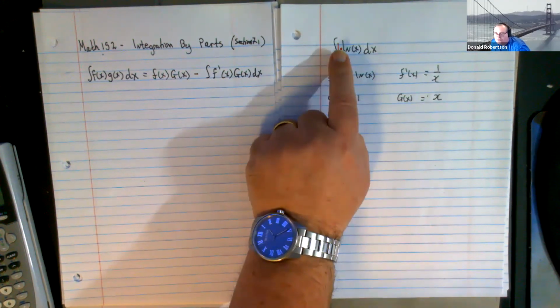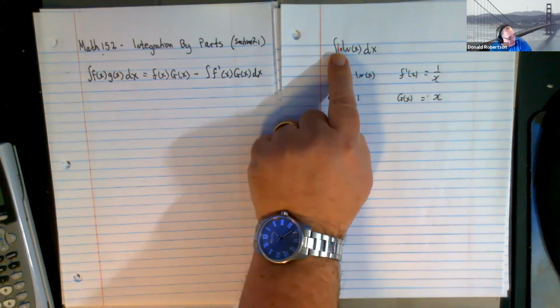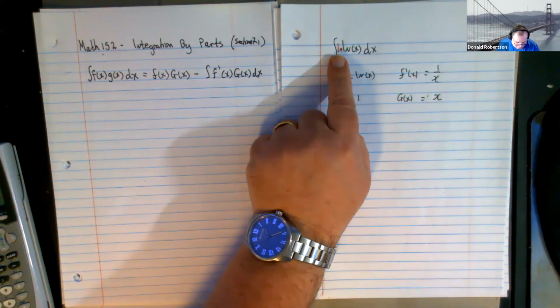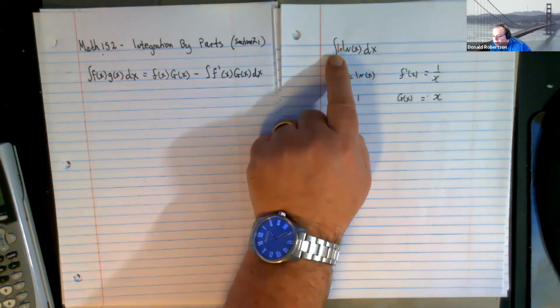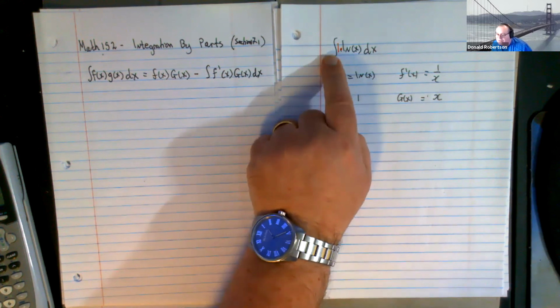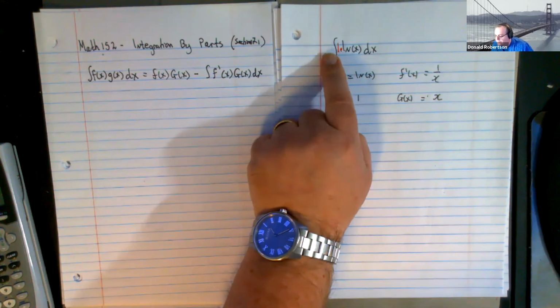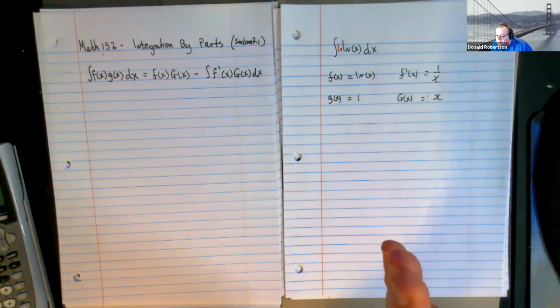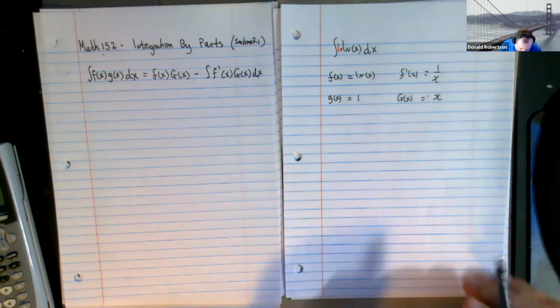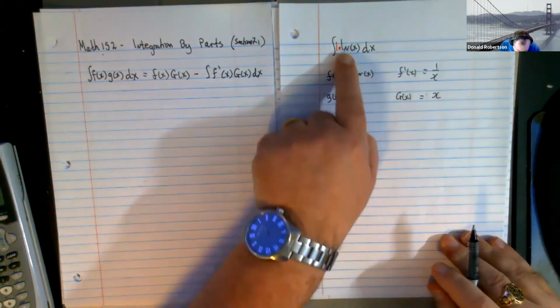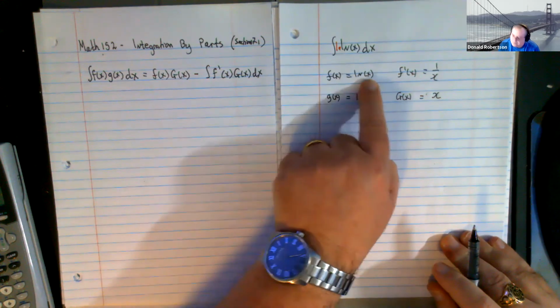So you will use this if you ever get a question like the integral of inverse sine of x, the integral of inverse tan of x, the integral of log x, the integral of some function, but just one function, right? Log x squared, which is the next example. Call it 1 times the other guy, make the g 1, and make the thing that you're trying to get the integral of, make him f.